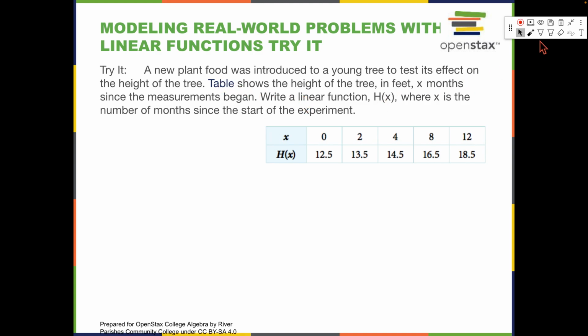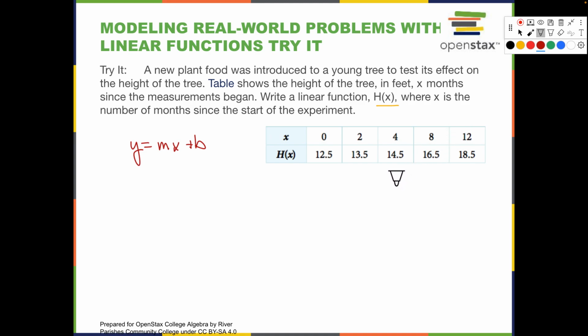So if they give us a table of values and they're telling us it's linear, we want to find that linear equation. How would we go about getting that linear equation? What do you notice about what we could use from this table?